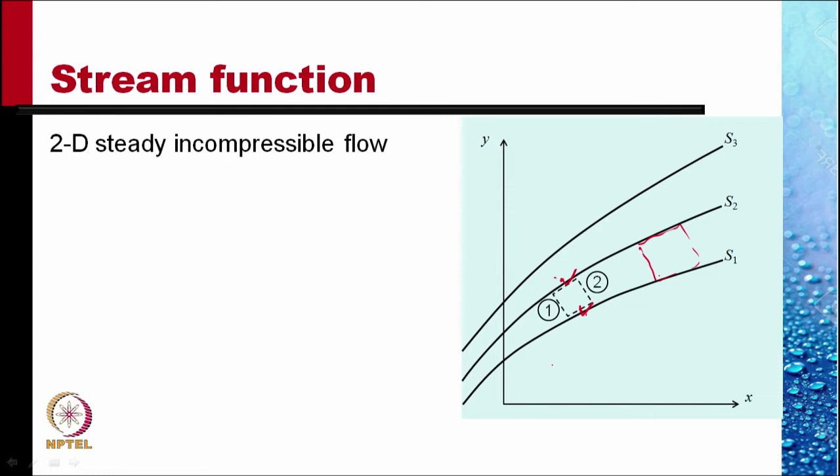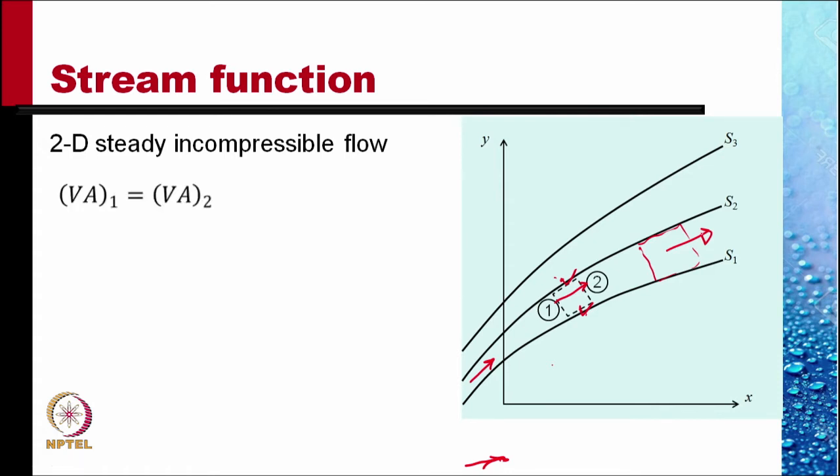What conclusion can we draw? That the mass flowing within two streamlines is constant at all locations. So the mass flow rate here is the same as the mass flow rate here, is the same as the mass flow rate here. Everywhere we have the same mass flow rate.